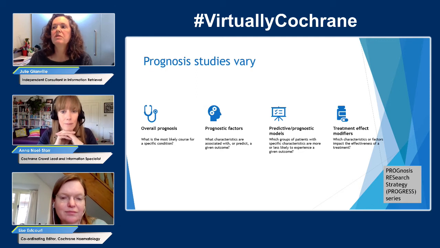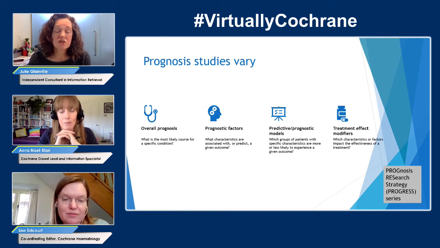So the first key challenge, I think, about prognosis studies is that there are at least four different types. There's a nice series of papers called Prognosis Research Strategy, which goes into quite a lot of very helpful detail about what these types of prognosis studies are and how they differ. One of the crucial things going into your review is knowing what type of prognosis question you're trying to answer.